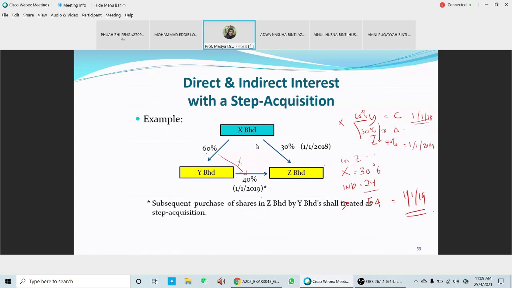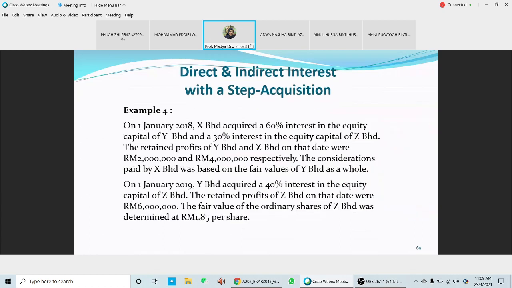Okay, subsequent purchase of shares in Z by Y shall be treated as a step acquisition. Okay, that is what we have. Trying to look at this example. X acquired 60% in Y and then 30% equity in Z. The retained profit was 2 and 4 respectively. Consideration paid by X and Y is based on the fair value of Y as a whole.